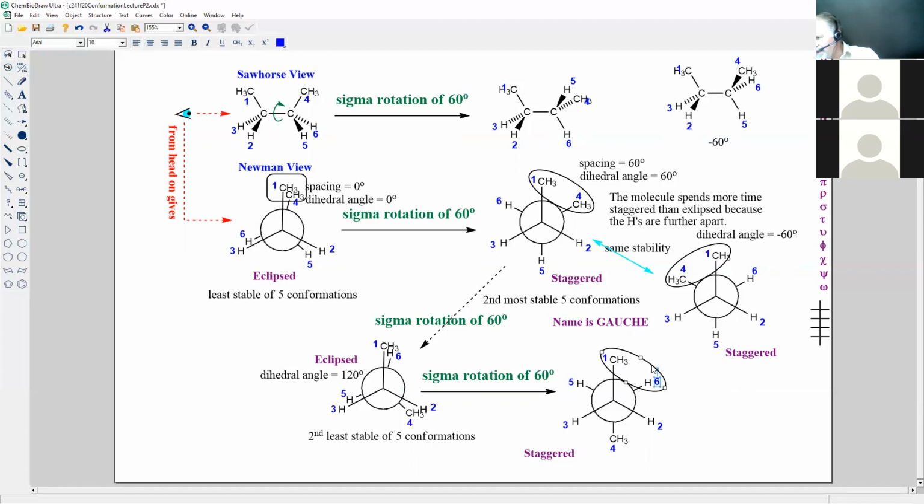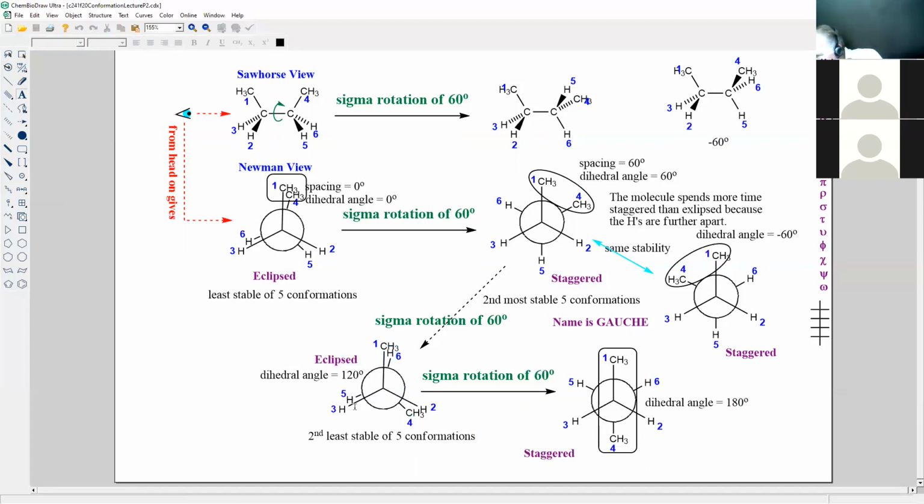This circle's meaningless. We like to compare the two methyls. So what's the dihedral angle between the methyls here and here? Dihedral angle is 180. And the dihedral angle was 120 here.